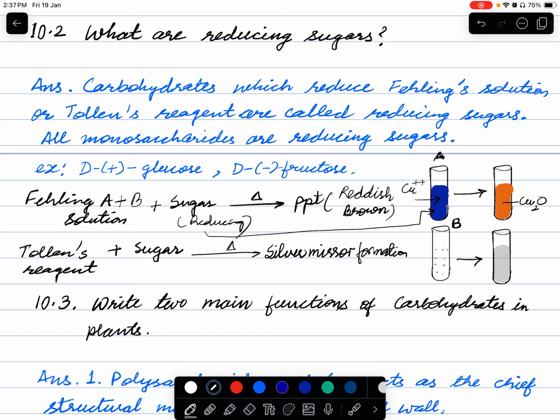So in this case, your Fehling solution has been reduced from copper 2+ ion to Cu+ ion in the form of Cu2O. So this process is what? Reduction. And the color changes from blue to reddish brown.